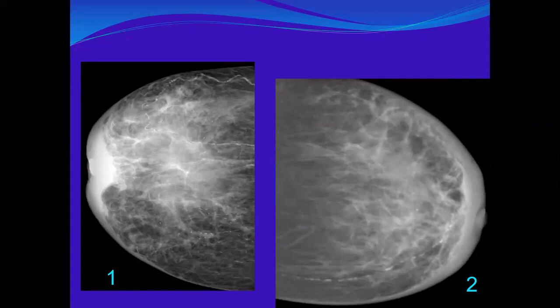In the right breast, there is a global asymmetry with diffuse breast edema in the form of thick trabeculation and diffuse skin thickening and nipple retraction. So this is BIRADS 4C. Excellent. And about the other breast, there is diffuse edema in the form of thick trabeculation and diffuse skin thickening.